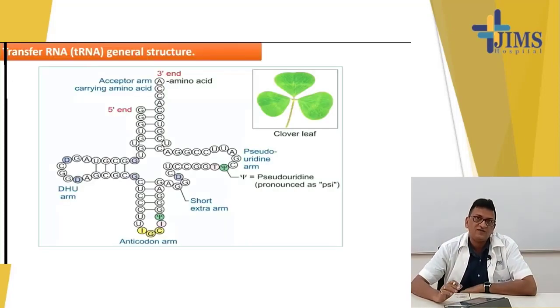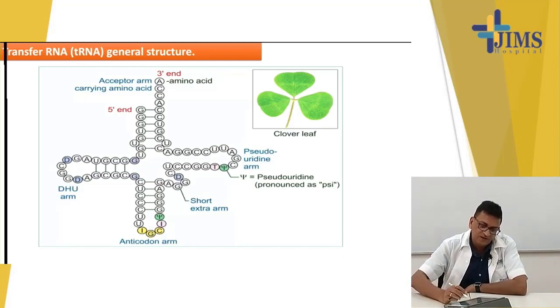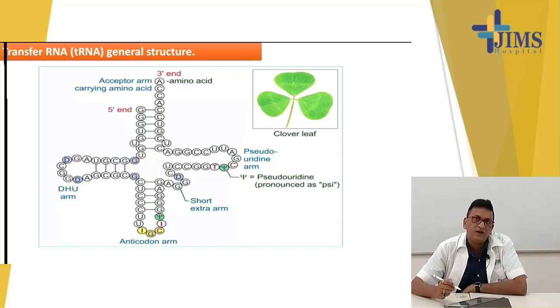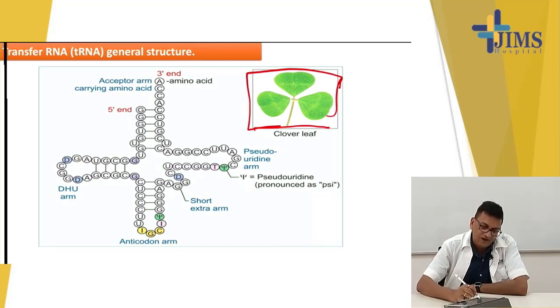When we talk about translation, the first thing that comes to mind is tRNA. tRNA is the adapter molecule which adapts the message from the mRNA for protein synthesis. If a short note is asked in the exam about the tRNA, it has a clover leaf appearance. The 3' end has the ACC sequence, which is a little longer than the 5' end.